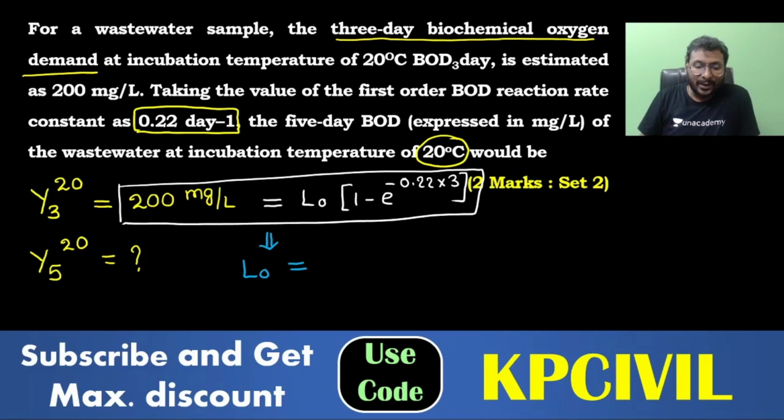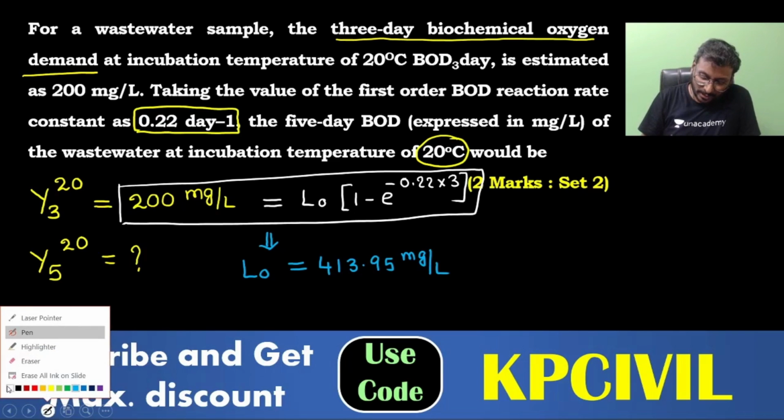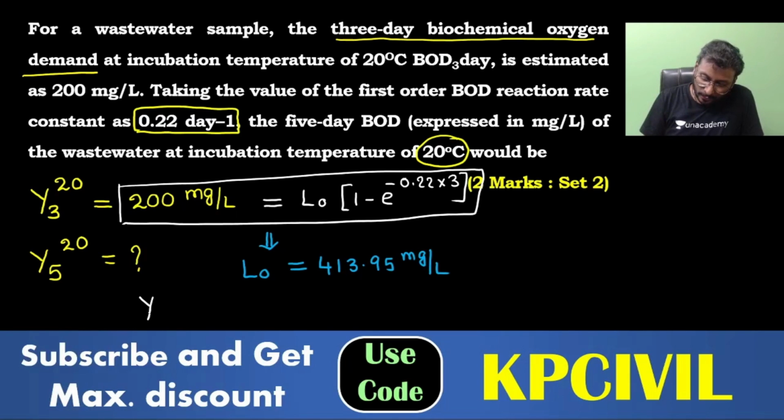You will get the L0 value, 413.95 mg per liter. Now apply the same equation for Y5 at 20.